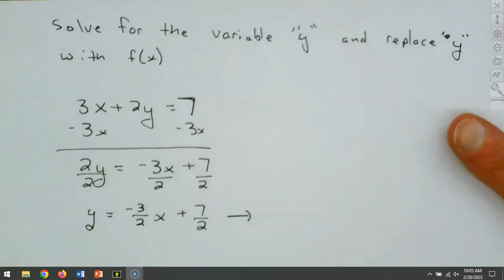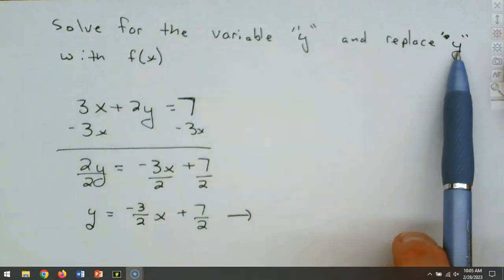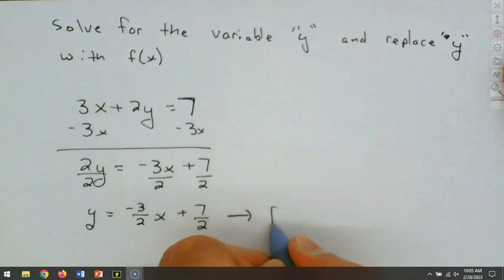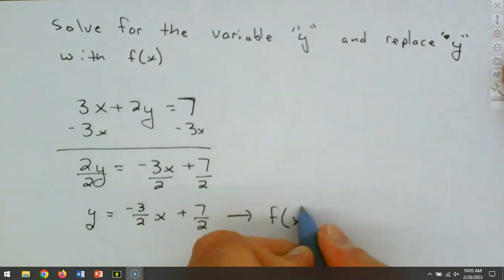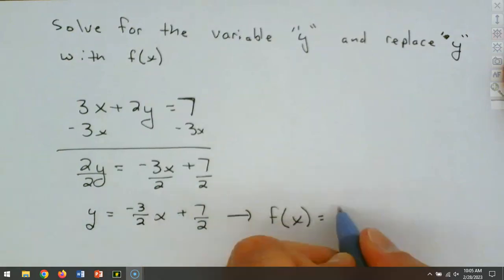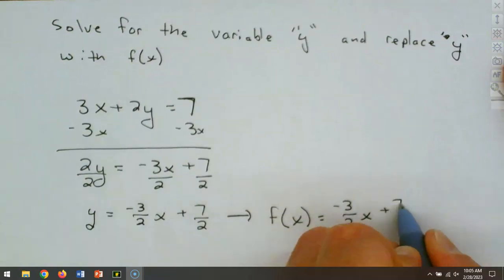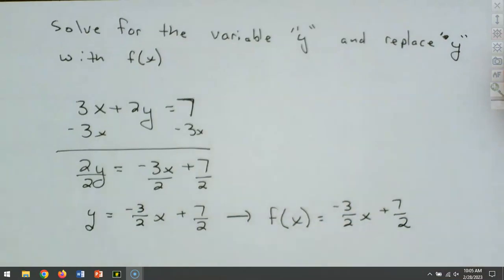And what we want to do is we want to replace that y with f of x. So it then becomes, for your final answer, f of x equals minus 3/2 x plus 7/2.